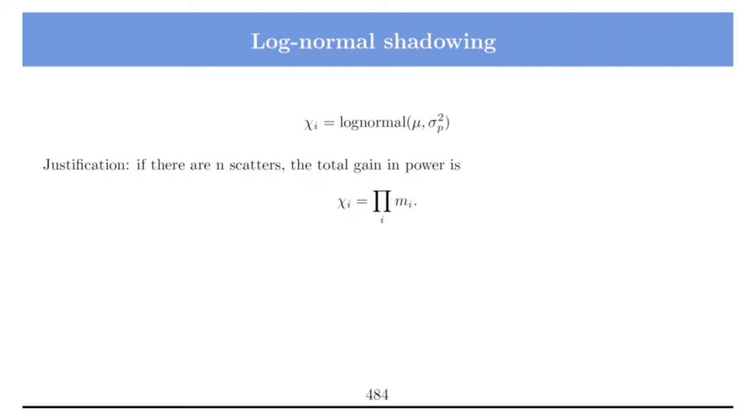Then the total gain would be m_1 m_2 up to m_n. From the law of large numbers, if n is large, the log of psi_i is the sum of log of m_i, where log of m_i is a random variable, so the summation tends to go toward a Gaussian random variable.